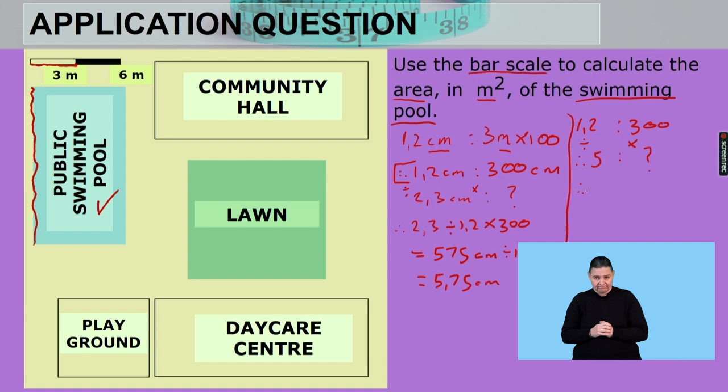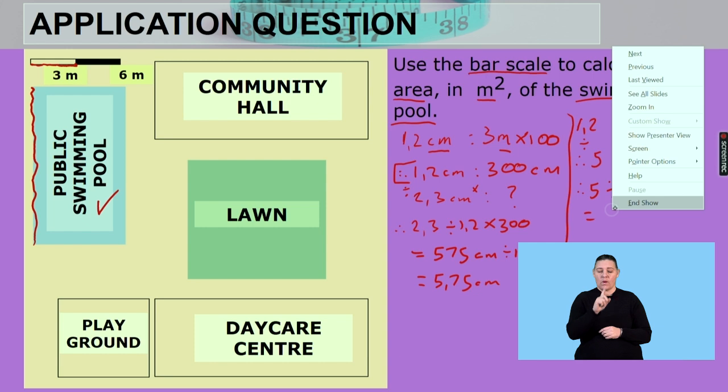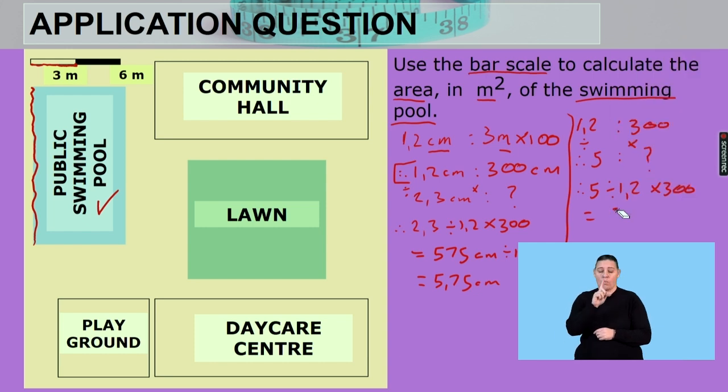Therefore, 5 times by 300 divided by 1,2. Again, for consistency's sake, divide by 1,2 times by 300. We're almost there. The answer I get is 1,250 centimeters.